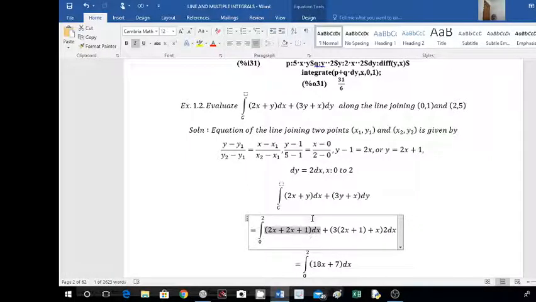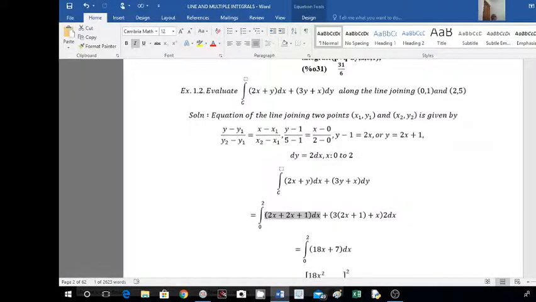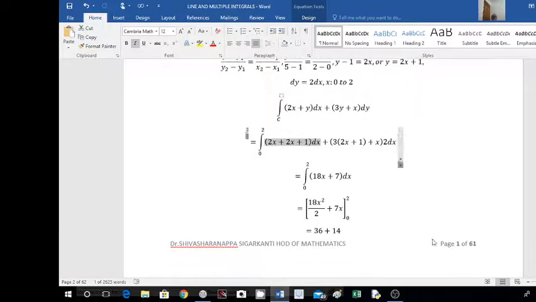Taking this dx outside and simplifying, after simplification I think you will get 18x plus 7 dx.